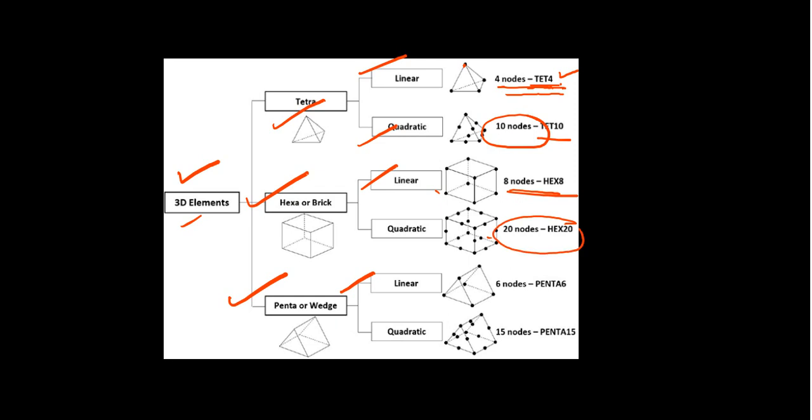Now for the penta, it has 6 nodes, like a triangular prism type. It will be denoted by penta 6. And again, between the nodes one more node is added, so it becomes 15, so it will be penta 15. Like that, these elements are classified as 2D elements and 3D elements.